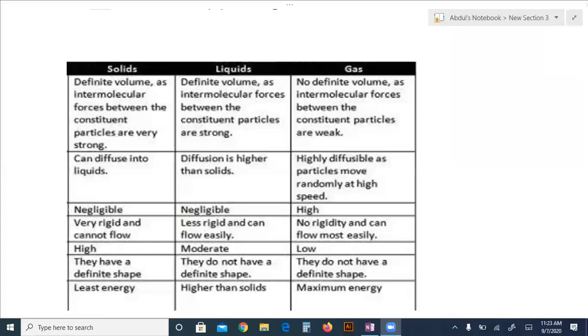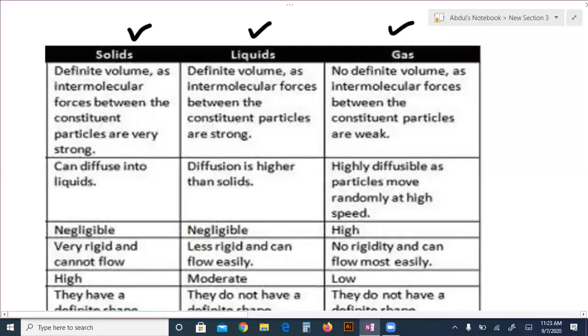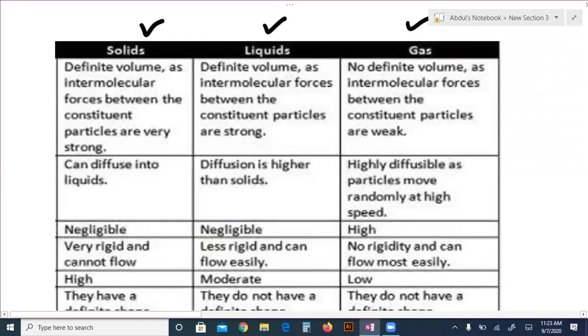Okay, the next topic is comparison among solid, liquid, and gases. So we have to remember these for the questions, okay? The solid has definite volume as intermolecular forces between the constituent particles are very strong.